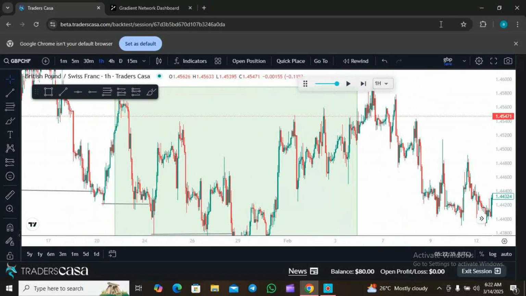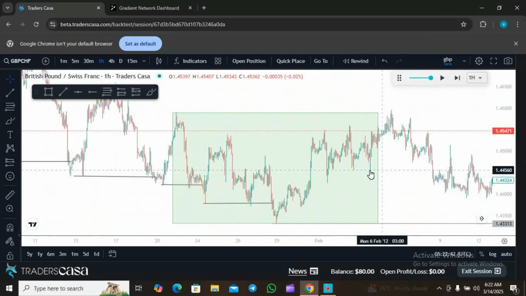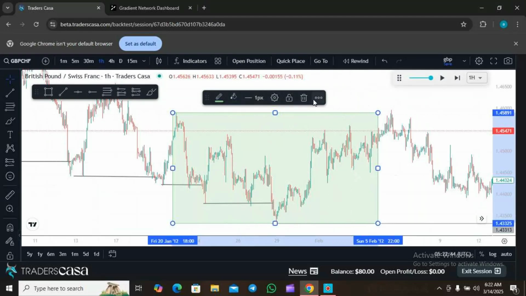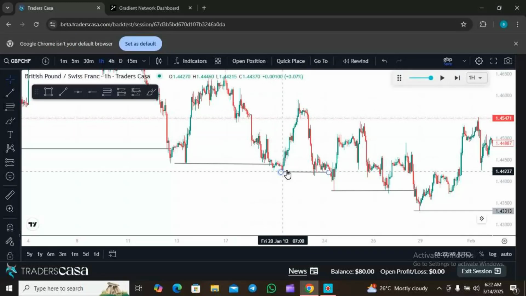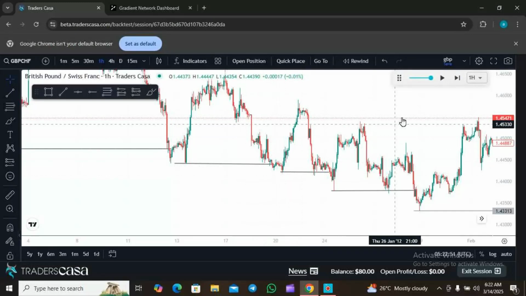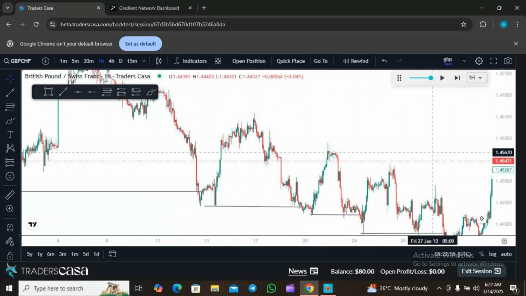Alright, so let's go to the chart and let me show you an example of what I'm talking about right here. So now this is it right here. Now you can see a very straight break of structure here.